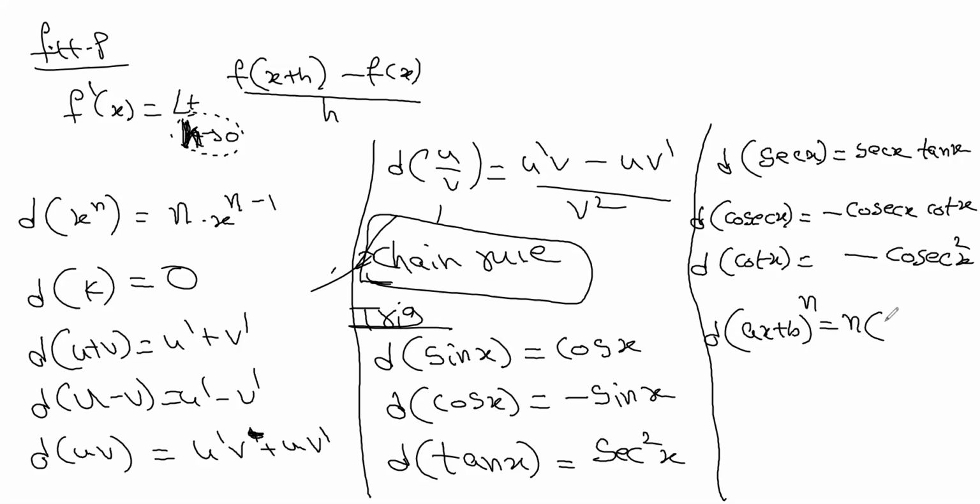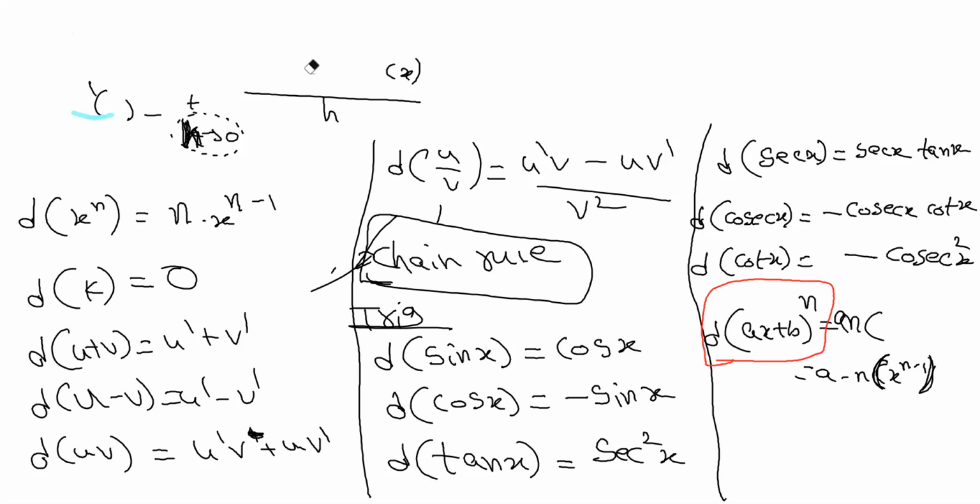Tell me what you have used over here. Because b is a constant, it has no variable, so the differentiation of a constant is equal to 0.